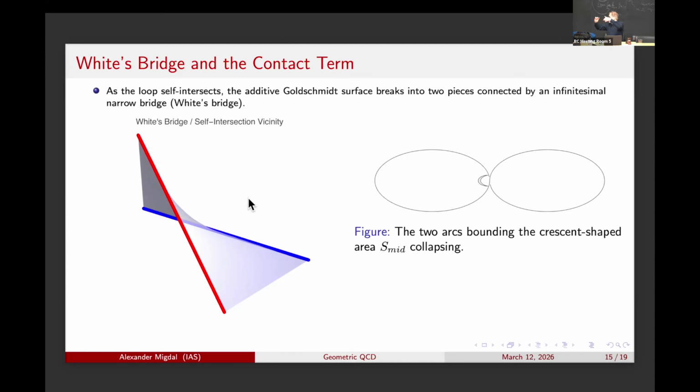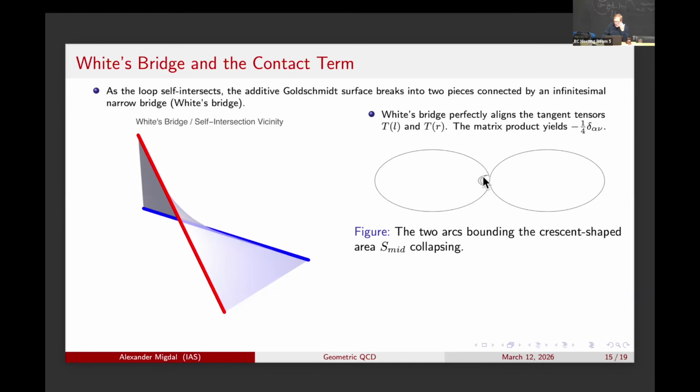When it starts intersecting itself, the Goldschmidt minimal surface will have this little bridge, which is almost flat. It is actually not flat in terms of external curvature. It's a minimal surface, so it is twisted, of course, but it is thin. What I'm trying to say is that the surface which connects this red line and blue line becomes very small here. So physically, these two points are close on the surface. These two points which intersect in space are also close on the surface.